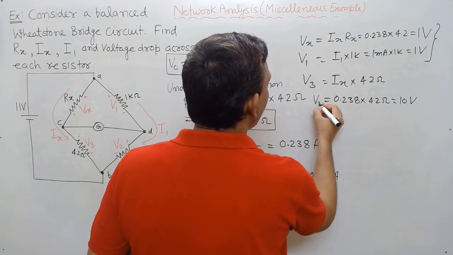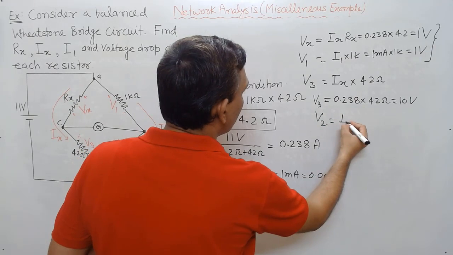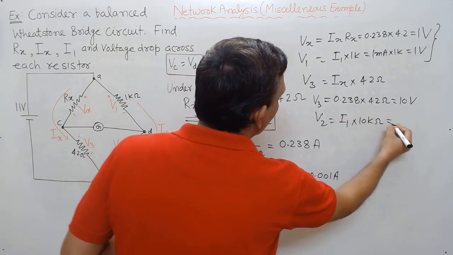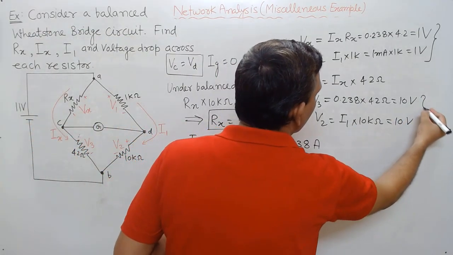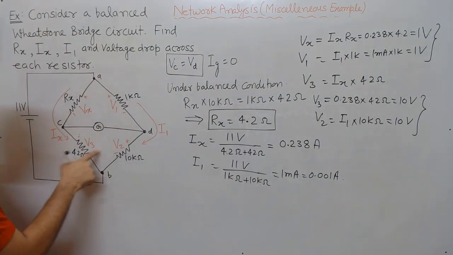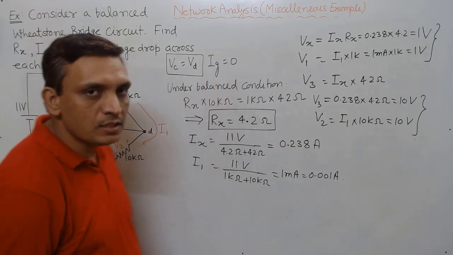So this is V3 and you can also find V2 is I1 into 10K. So I1 is 1 milliampere. So this will be also 10 volt. So V2 and V3 are equal, that is 10 volt. And Vx and V1 are equal, that is 1 volt.